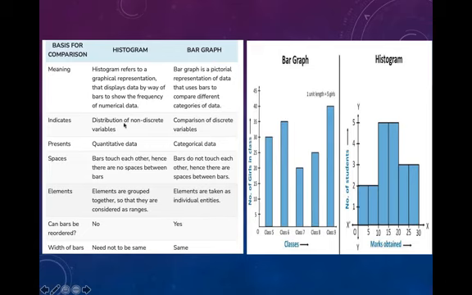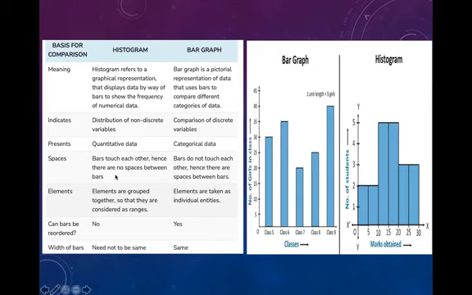The data in a histogram are non-discrete or continuous variables, while the data in a bar graph are discrete variables. I will be talking about the difference between a continuous variable and a discrete variable in the next slide.